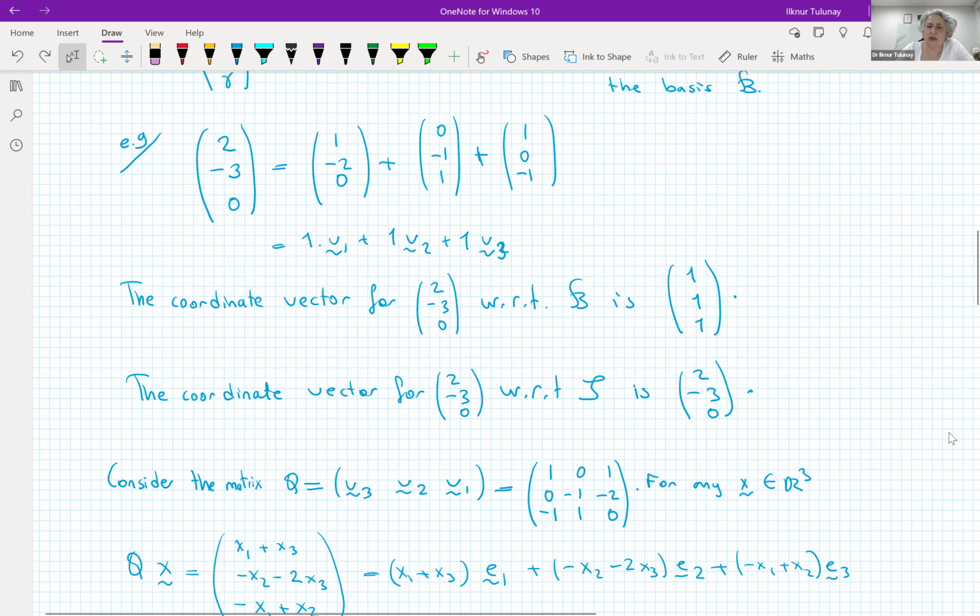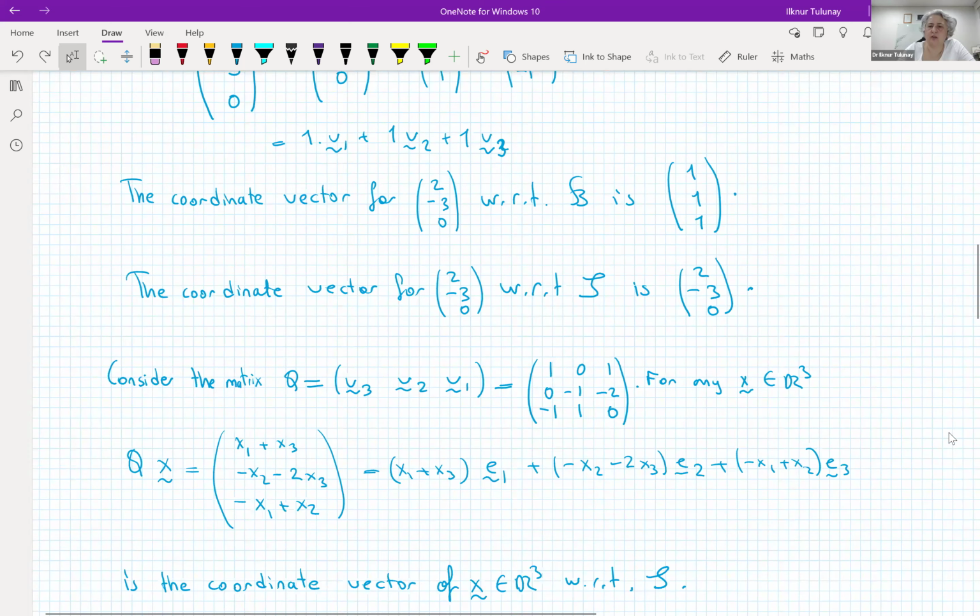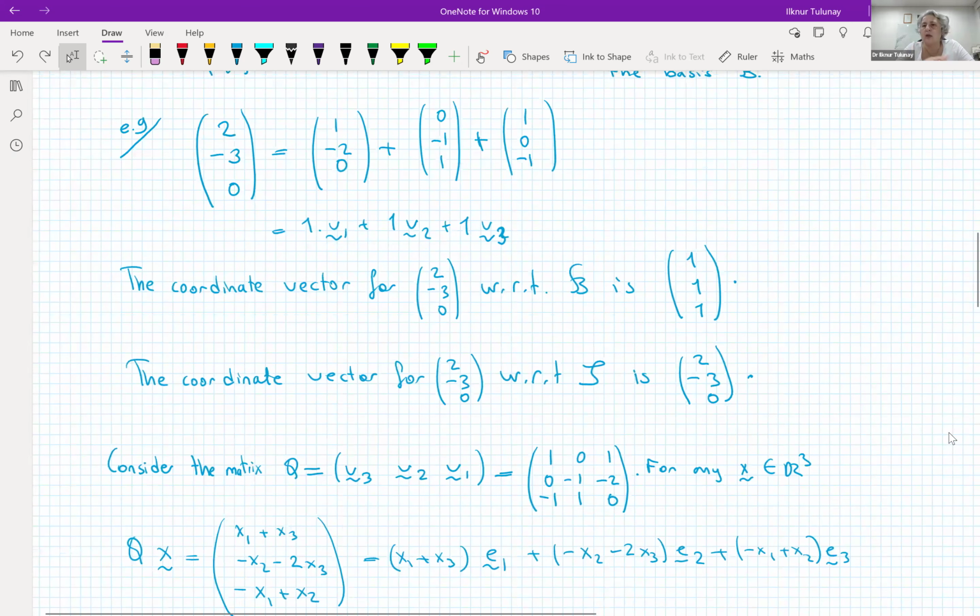I have changed the order because in the question, they want us to focus on the order v3, v2, v1, but it doesn't matter. So I constructed this Q matrix as v3, v2, v1 to be consistent with the question that I'm going to solve.